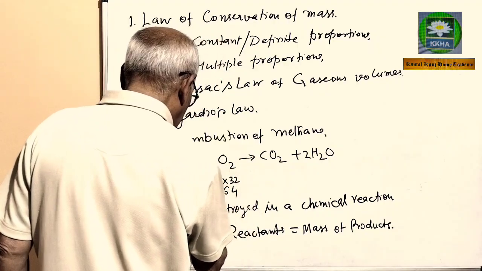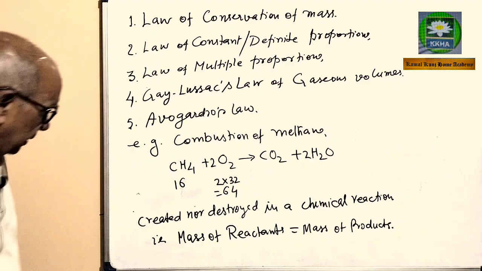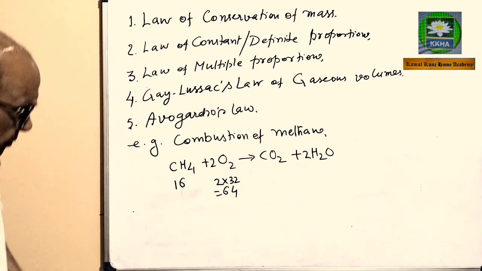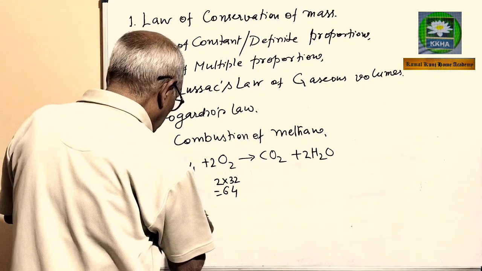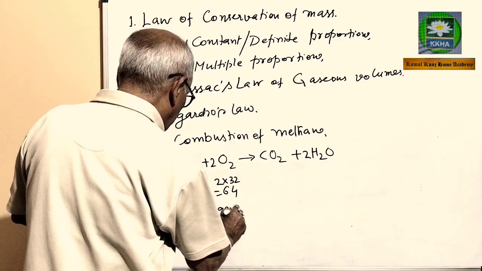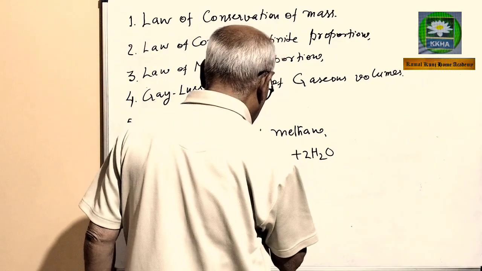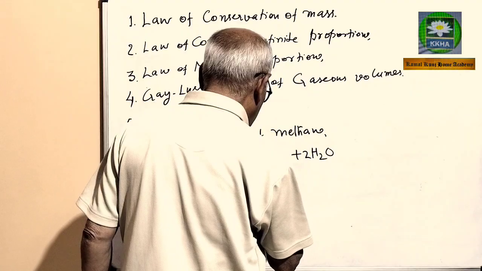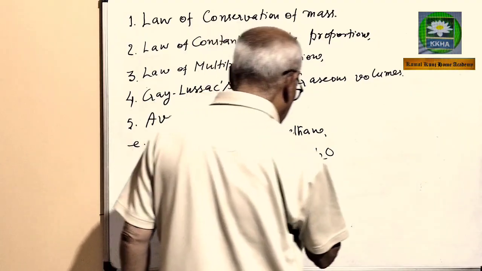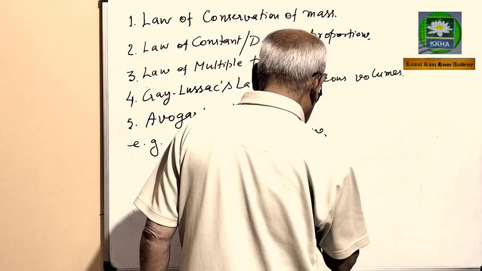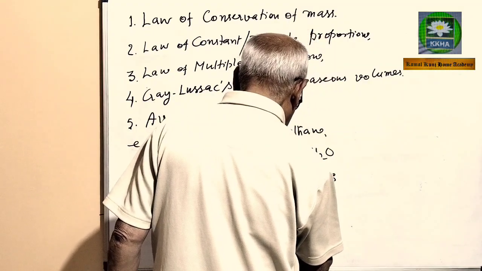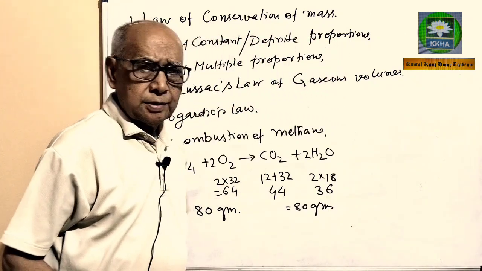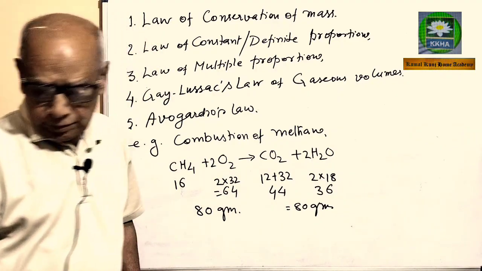Total is 80 gram. Here carbon dioxide is 12 plus 32, this is 44, plus water 36, total is 80 gram. That is, mass of reactants is equal to mass of products according to the law of conservation of mass.